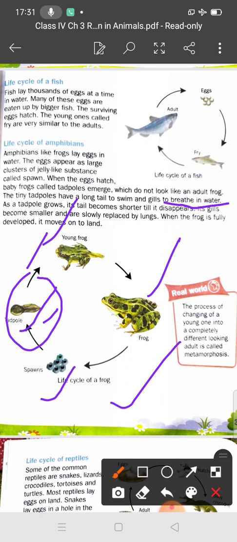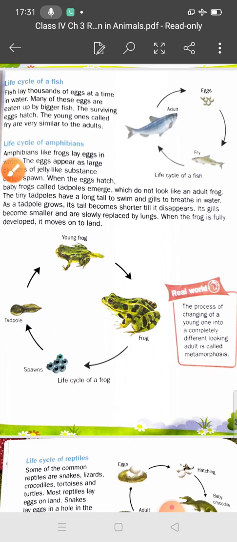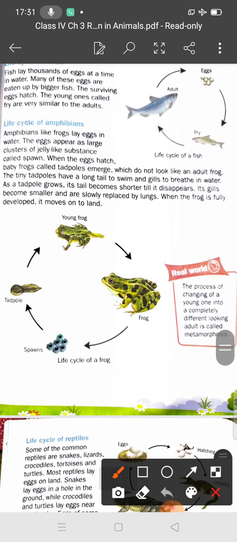Understand what I am saying? Its gills also become smaller and are slowly replaced by the lungs. The gills are converted into lungs, and when the frog is fully developed, it moves on the land.